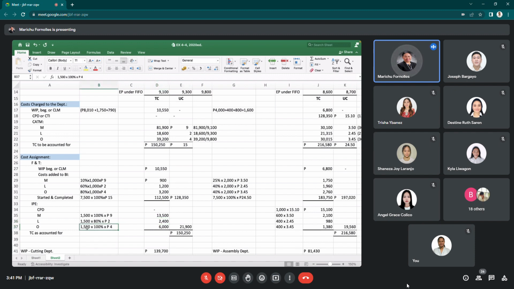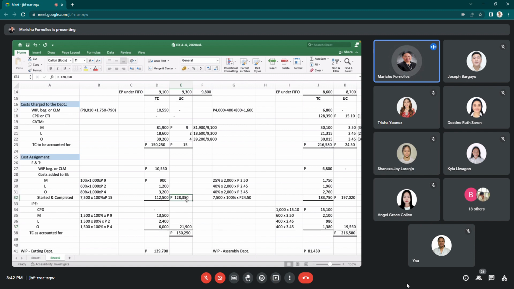For overhead sa IPE, it would be 1,500 units ang IPE times 100% for overhead times the unit cost of overhead at 4 equals 6,000. So adding these three amounts gives you a total of 21,900. That is the work in process end of the cutting department.